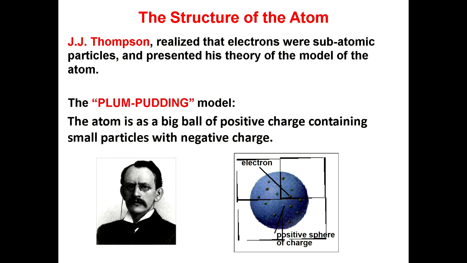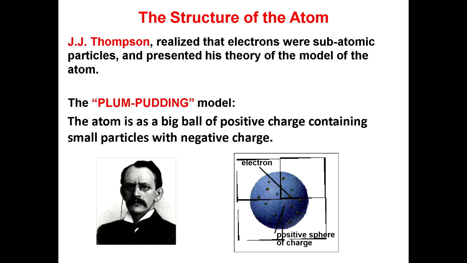And then Thomson raised the second atomic theory about the structure of the atom. It's called the Plum-Pudding model. You know pudding, right? Many people like pudding, right? So he said the atom is like a pudding.